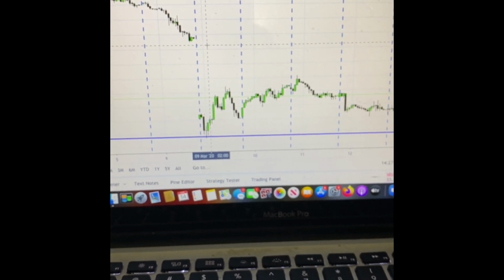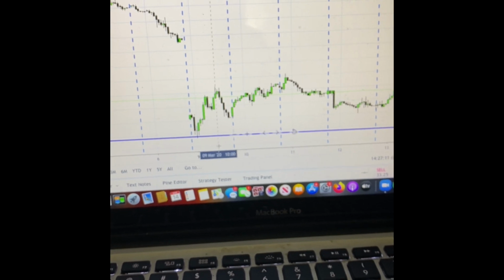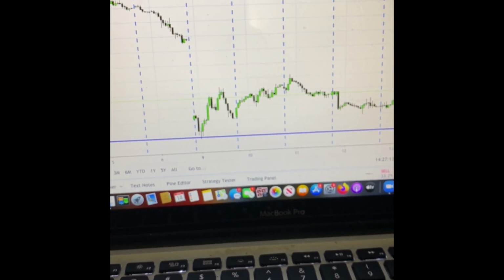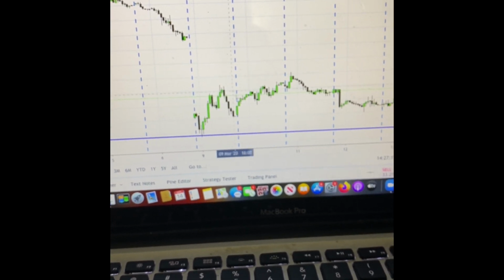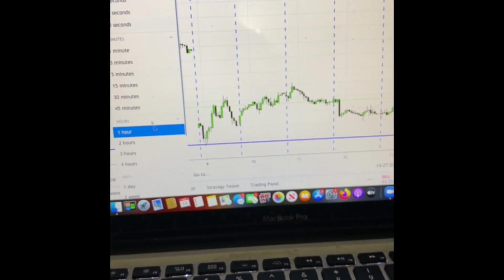Now, me personally, I decided to take a buy on oil simply because I marked up this level of 27.50. It traded down to this level, and I was looking for it to make a rejection, right? So why was I looking to do that?